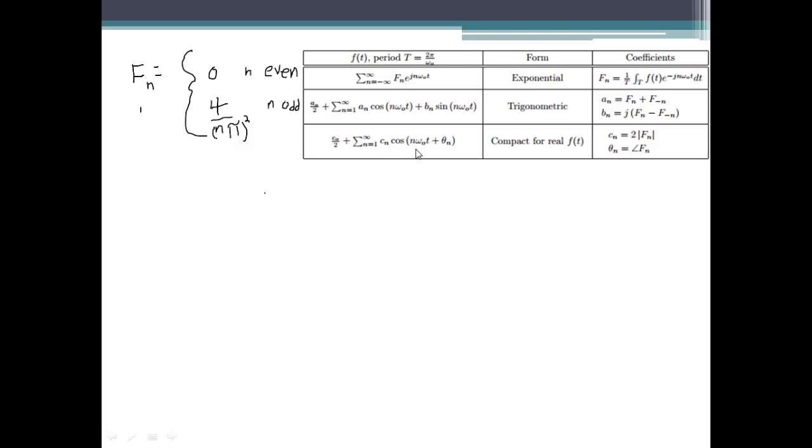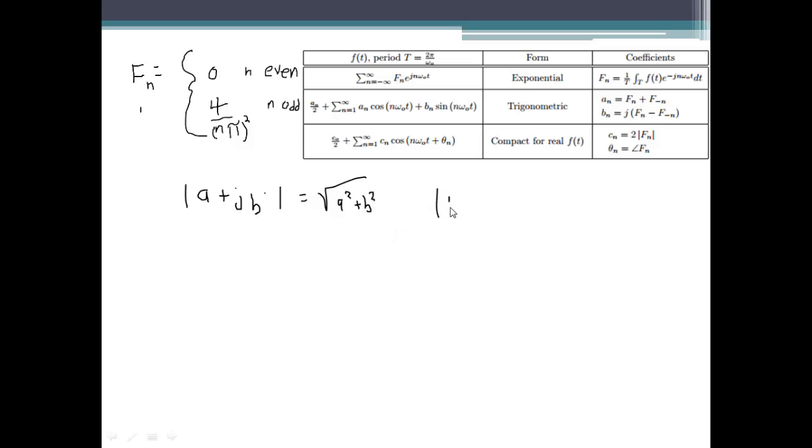So in order to find these c sub n's, we have to take twice the magnitude of our f of n, where we kind of do it the same way we would with finding magnitude and phase angles of phasors. So if our f of n is written in the form of a plus j times b, our magnitude is just going to come out to be the square root of a squared plus b squared.